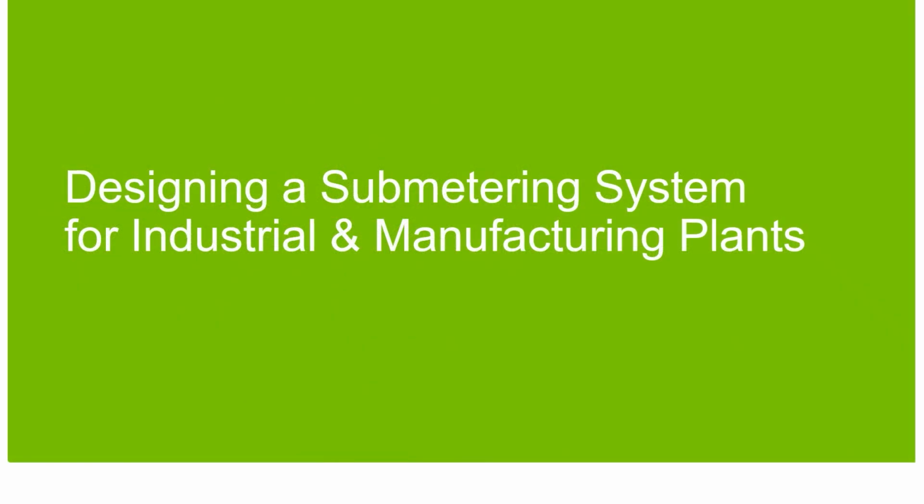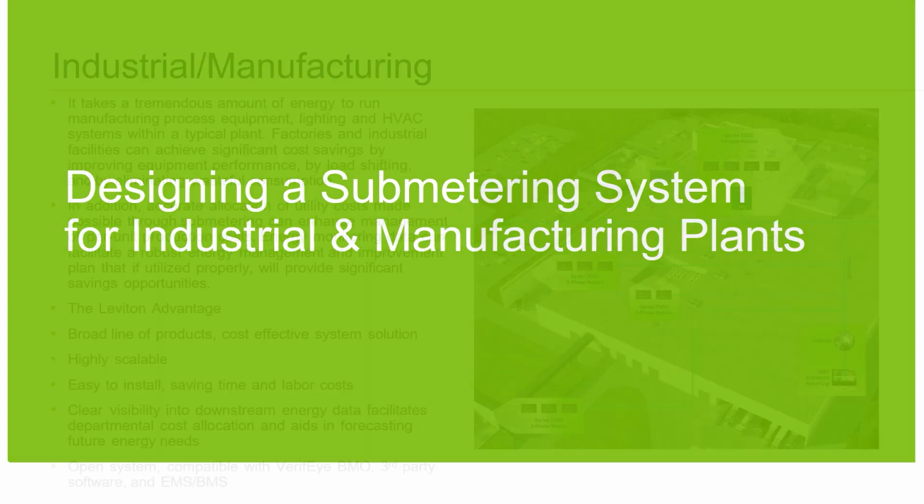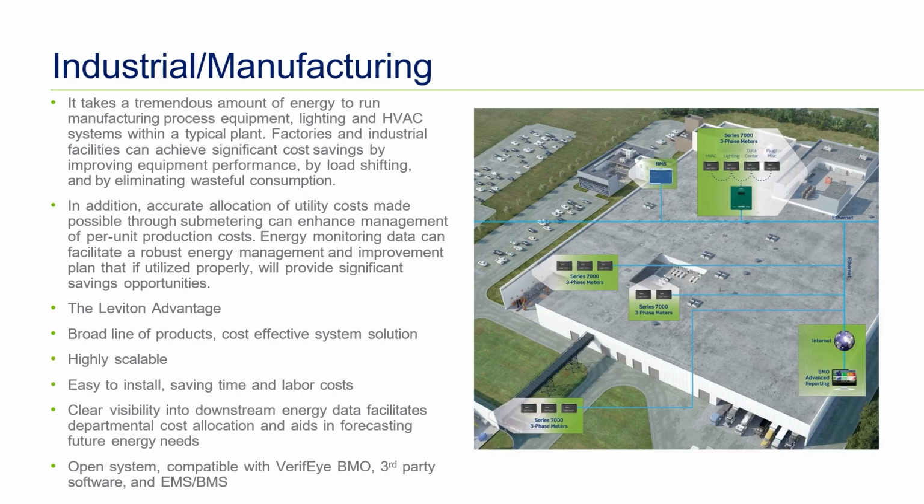Industrial and manufacturing operations may call for more advanced submetering solutions, as they are frequently interested in monitoring power quality and system performance parameters. It takes a tremendous amount of energy to run manufacturing process equipment, lighting, and HVAC systems within a typical plant. Factories and industrial facilities can achieve significant cost savings by improving equipment performance by load shifting and eliminating wasteful consumption.